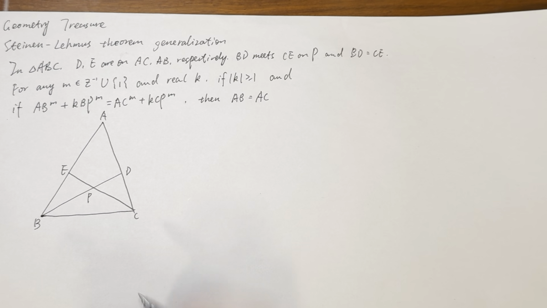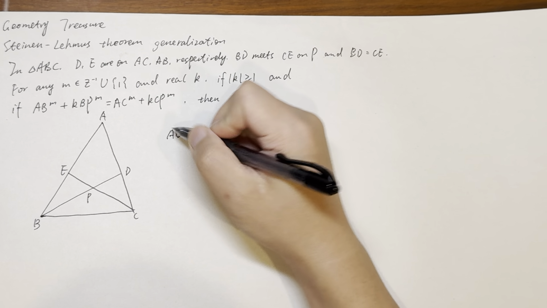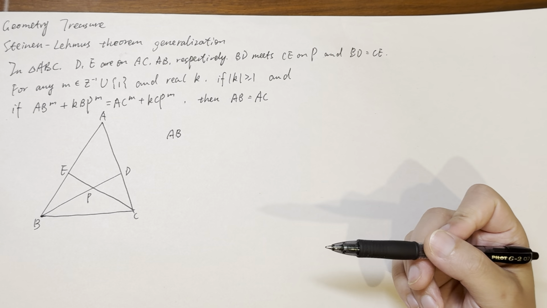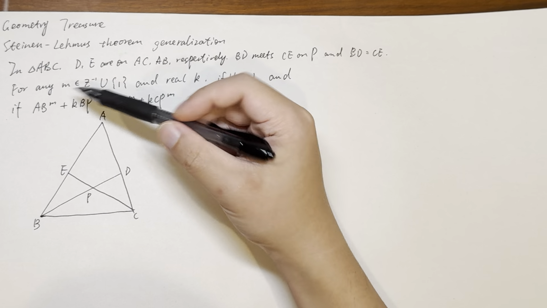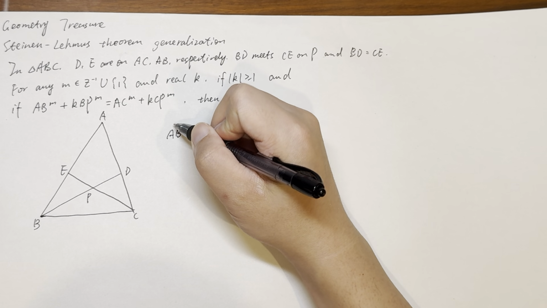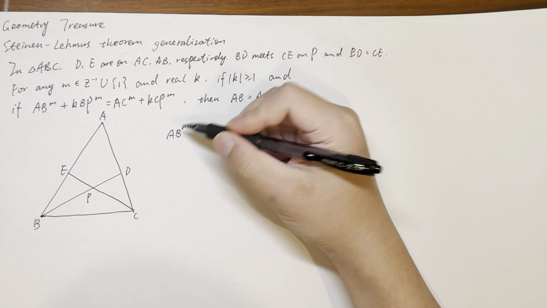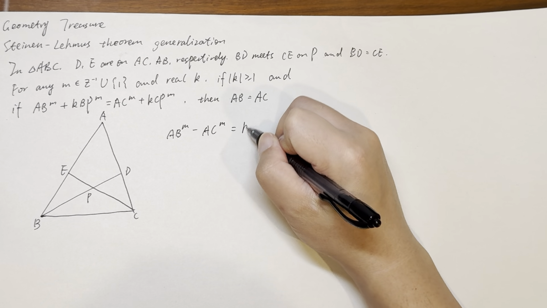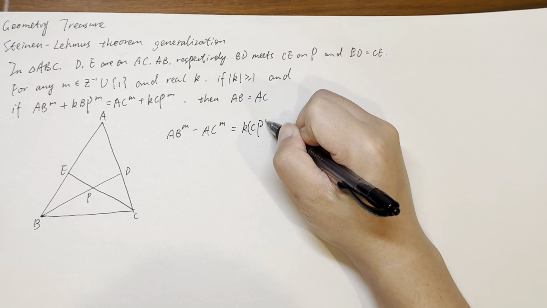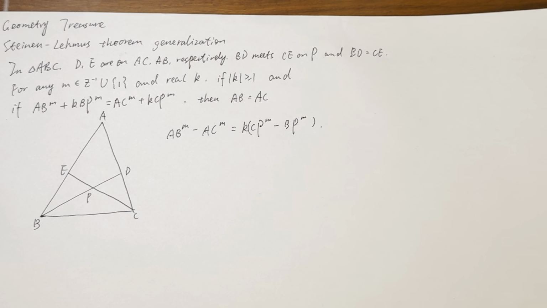negative number, which means we have, because m is a negative number, right? So this actually becomes AB to the power m minus AC to the power m equals k times CP to the power m minus BP to the power m, right?